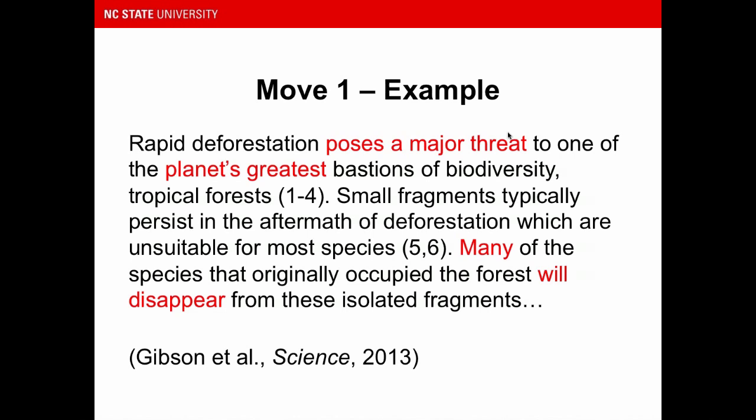They say, "rapid deforestation poses a major threat to one of the planet's greatest bastions of biodiversity." So they're doing a double whammy here. Not only do they say that it poses a major threat, but it's a major threat to one of our planet's greatest places for biodiversity. So they're emphasizing the significance a couple of times.